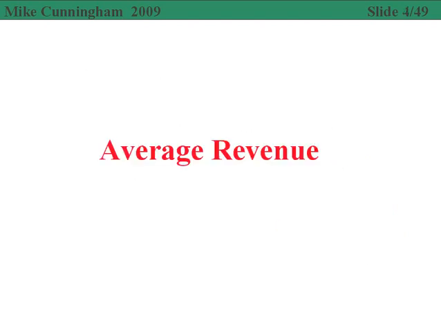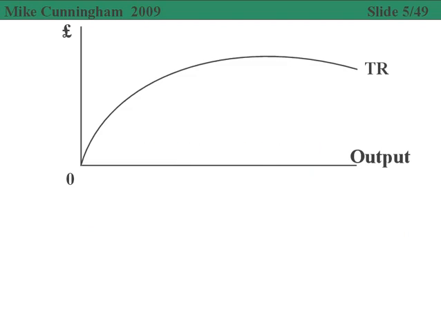Now let's start by looking at the average revenue and see what happens here. And I'm going to use some diagrams to illustrate what happens to average revenue. First of all, let's start with what we know already, which is our total revenue curve. We've just drawn that, and we have this non-linear relationship. Now let's take any output level, let's say Q1, and the associated total revenue will be R1.